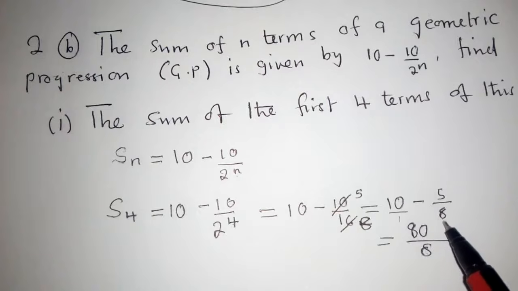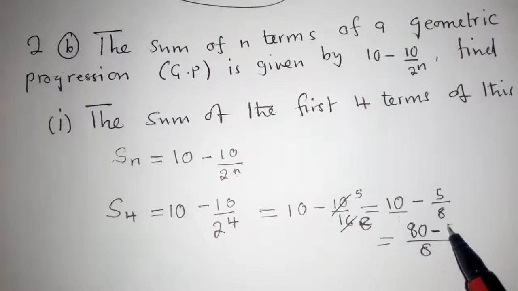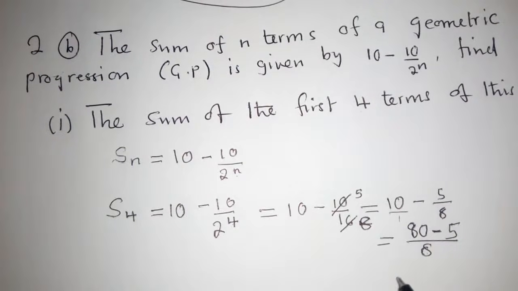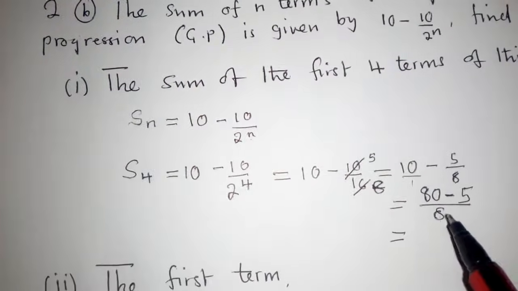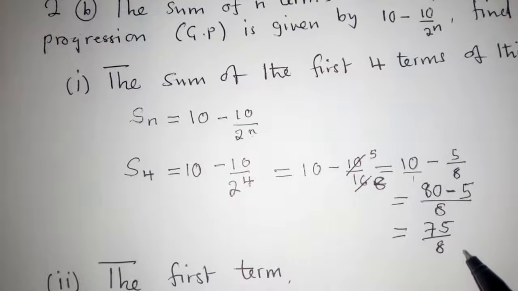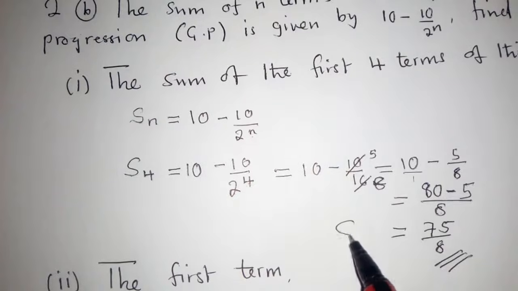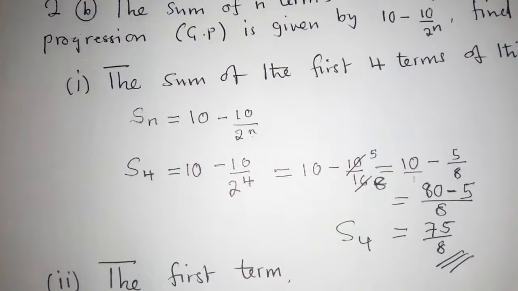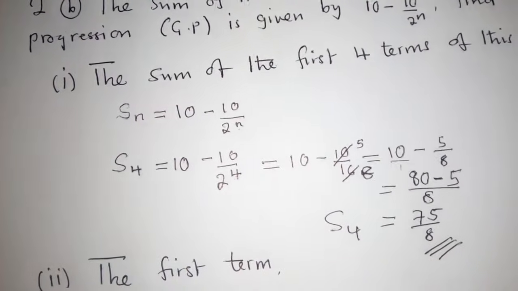We have found this one, so it will be 8 into 8 is 1. 1 multiplied by negative 5, it will be negative 5 here. And our final answer will be 80 minus 5, which is equal to 75 over 8. So this is our sum of 4 terms. We have found our answer here.